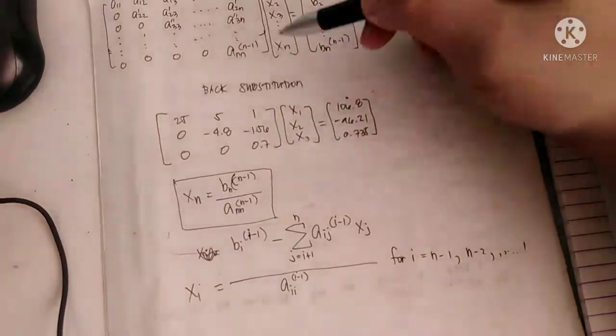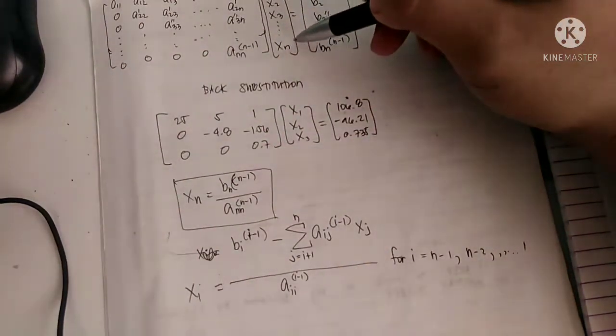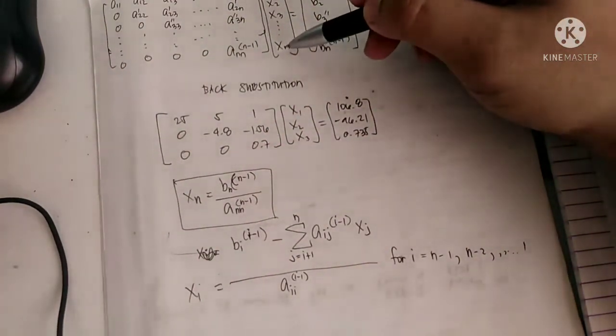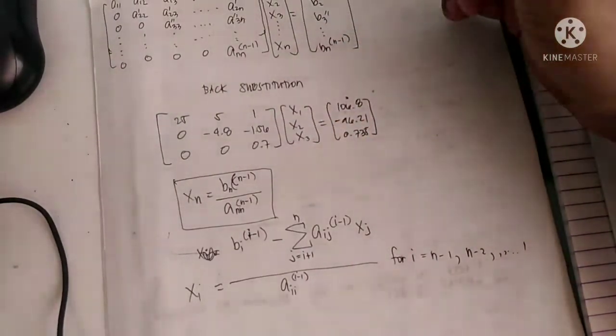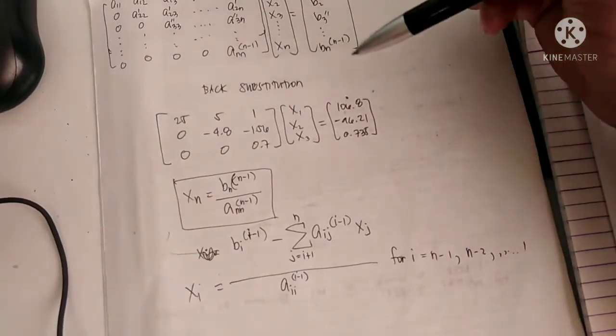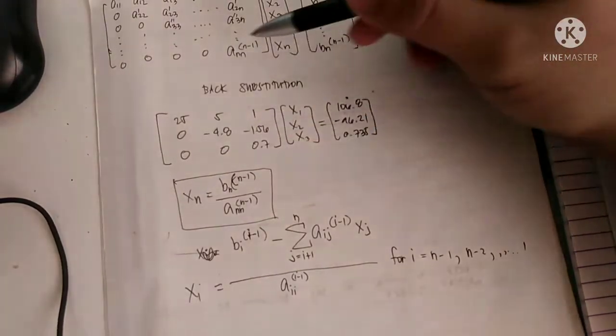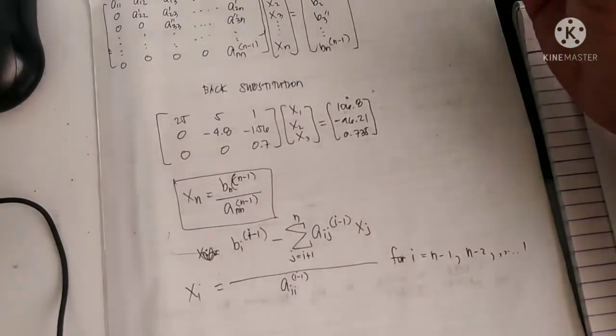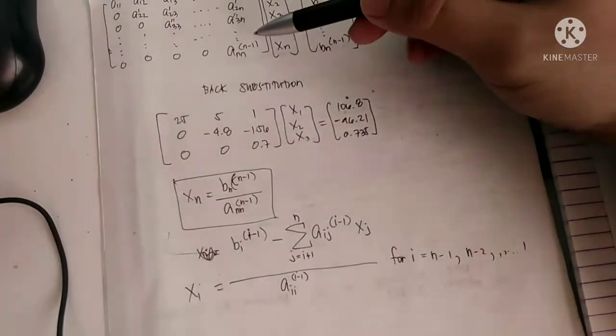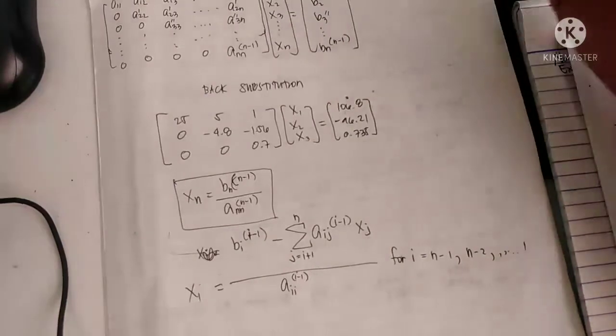The same applies to this formula: x sub n is equal to b sub n to the power of n minus 1 divided by a sub nn to the power of n minus 1, where the power is the number of primes.